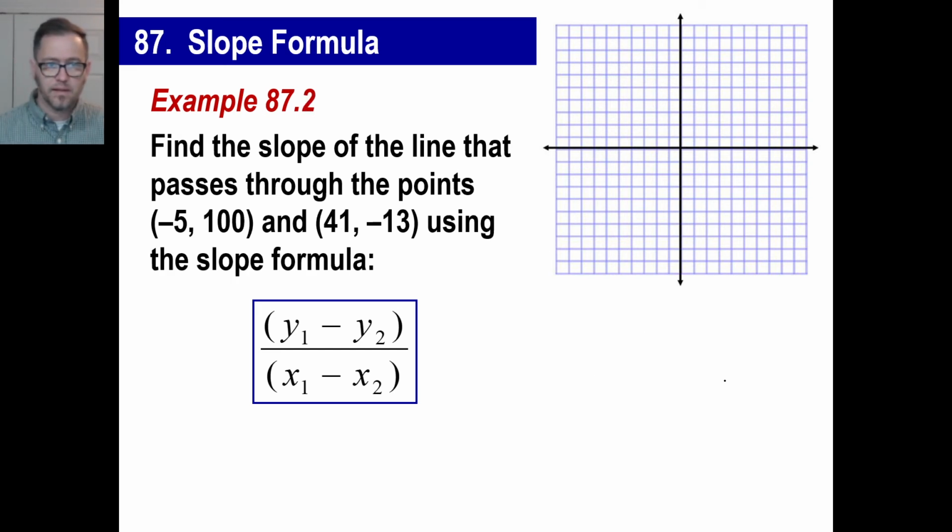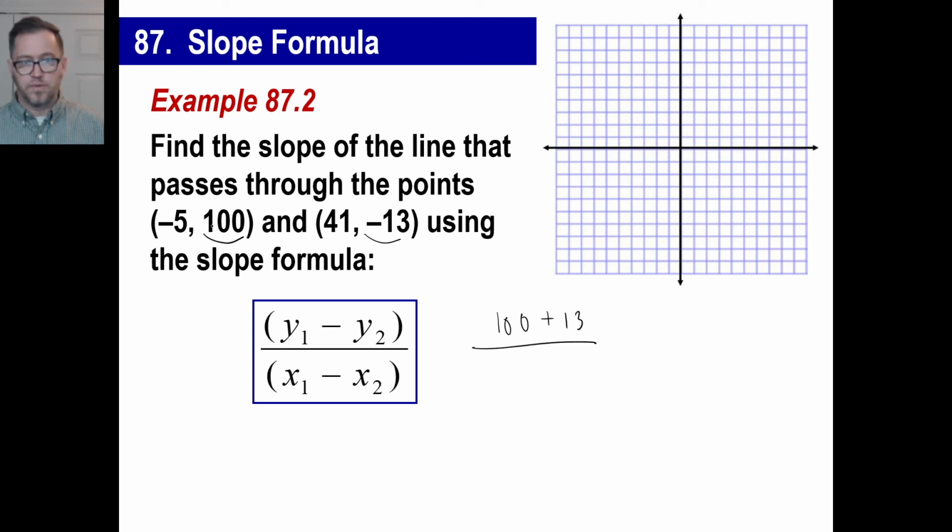Okay, let's actually do that big pain one we just talked about a minute ago. What's the slope of the line that passes through those points right there? Use the slope formula. We can do whichever one you want. Let's use this y first just because it's sitting there. The first y is 100, and we're going to subtract the second y. If we do that, don't forget, you're subtracting a -13, so you're adding the 13.